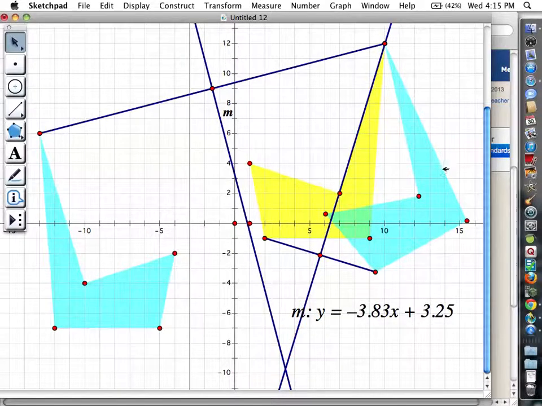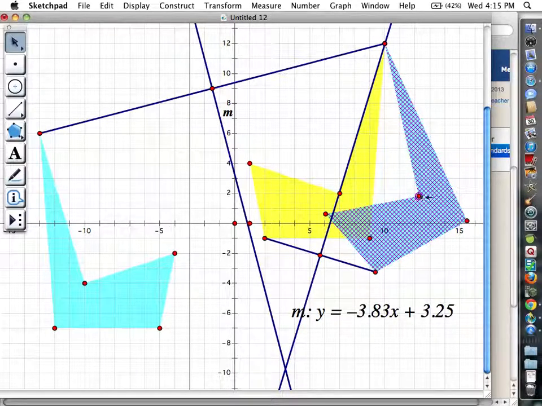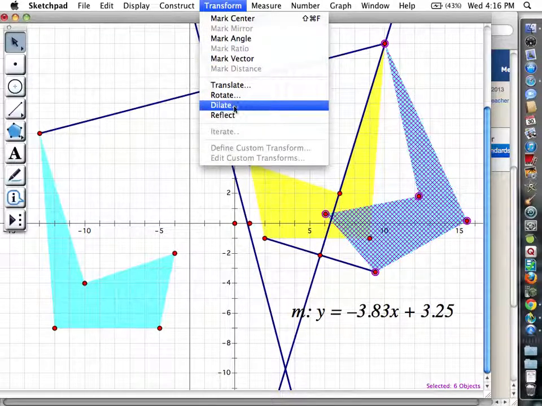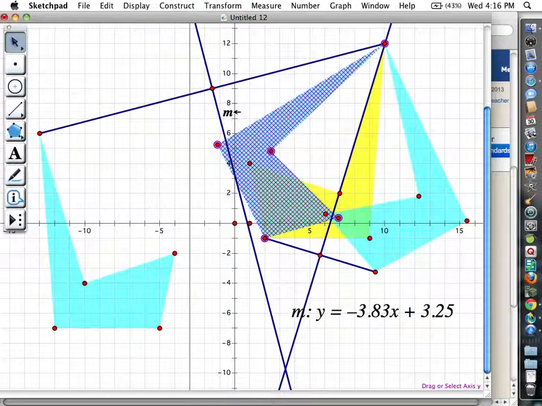So I'd want to select the blue region again and all the vertices. Okay, and here comes that reflection.